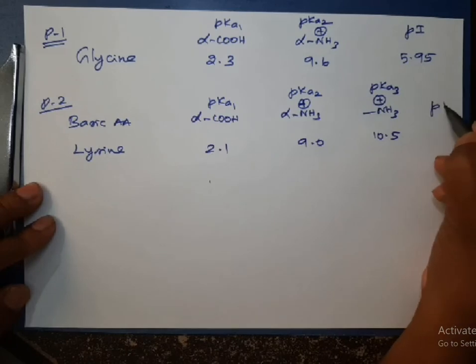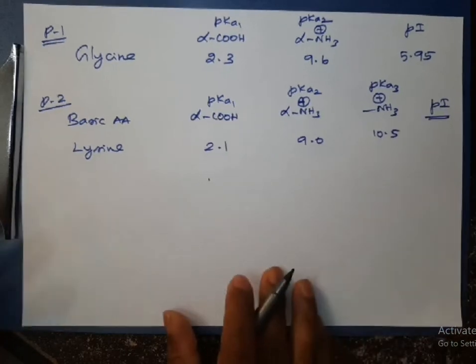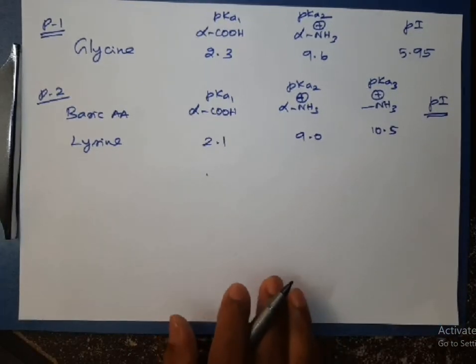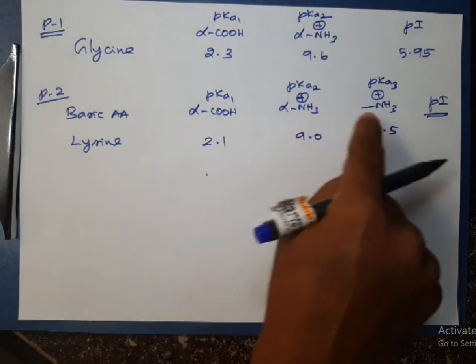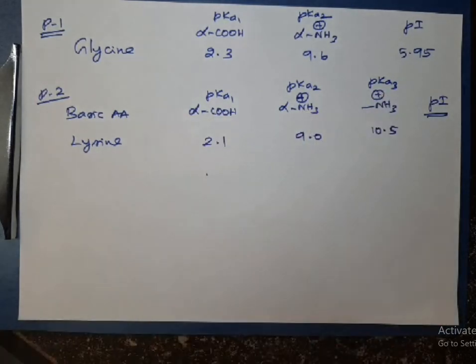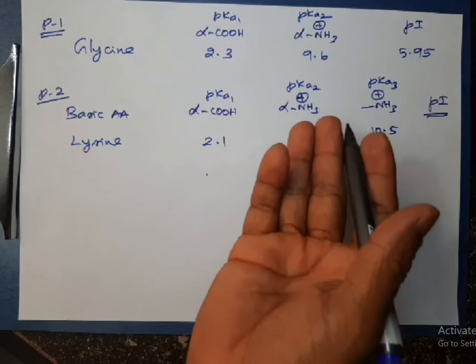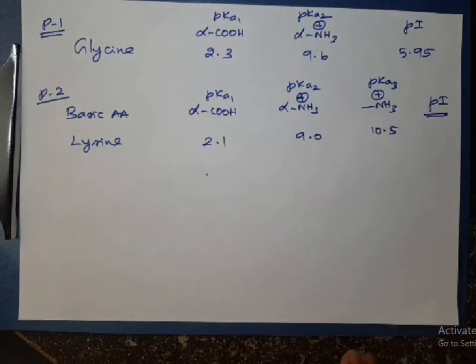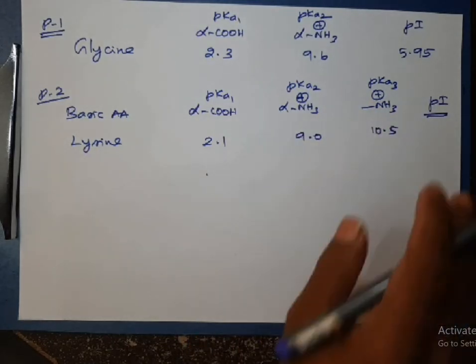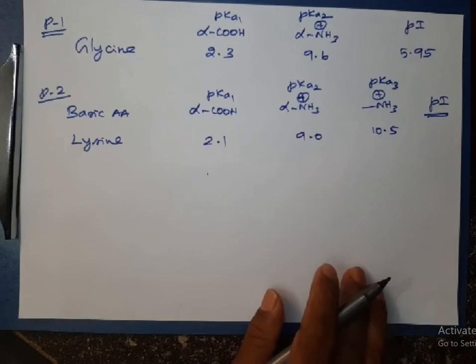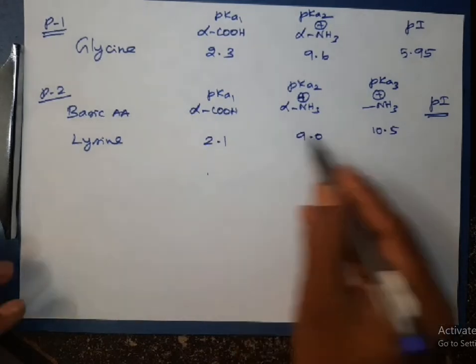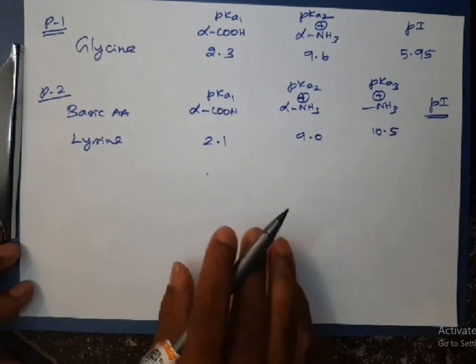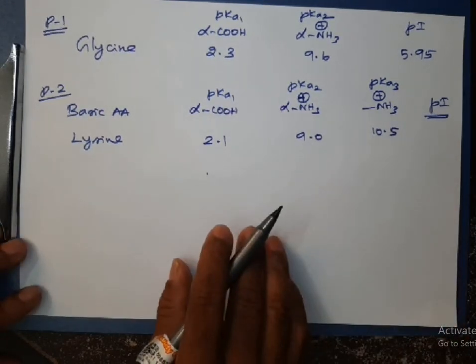Now, what is the isoelectric point? Basic amino acid means they have two amino groups, but the amino group I have taken as the conjugate acid. How to find the isoelectric point now? Which two values should we consider? Very simple.